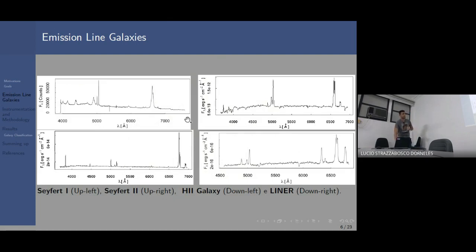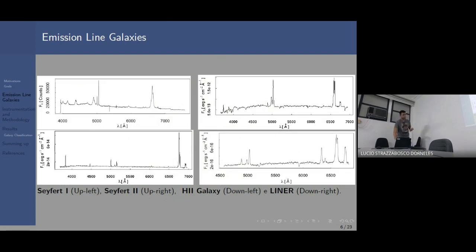And here we have galaxies that have all lines narrow and the forbidden lines very high, and the Balmer transition, the hydrogen lines, relatively lower. And here we have an H II region that has hydrogen lines very high and forbidden lines very low.